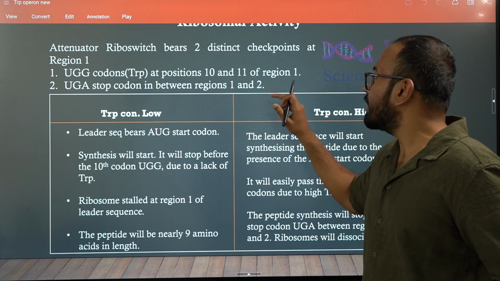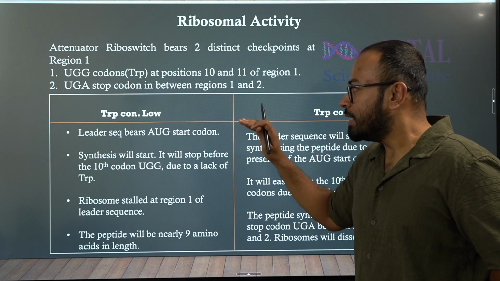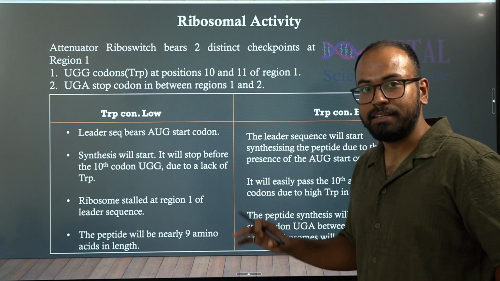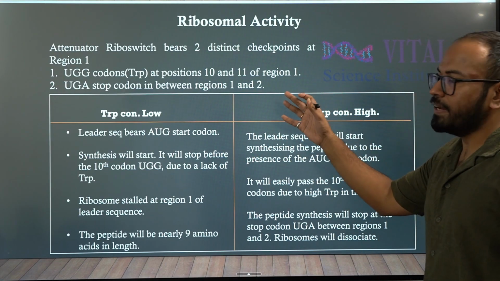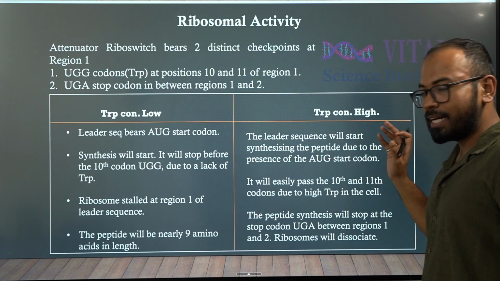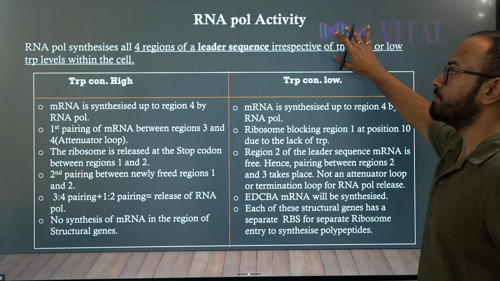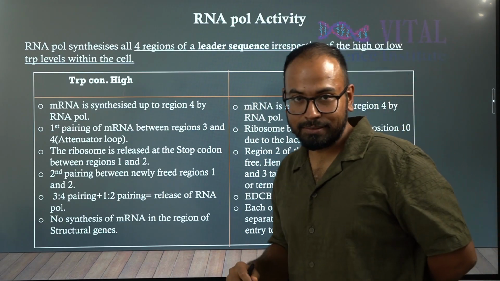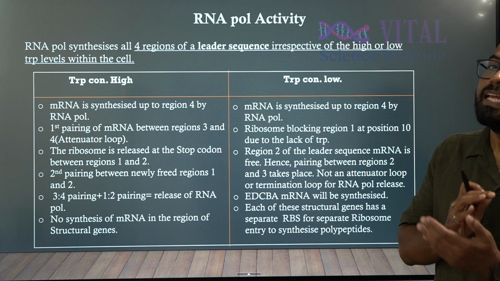So at the translational level, the overall regulation has been mentioned for when the tryptophan level is low and when it is high. Now, the most important point: what is happening at the transcriptional level? This is a very important phenomenon.